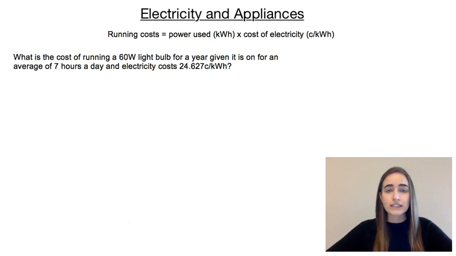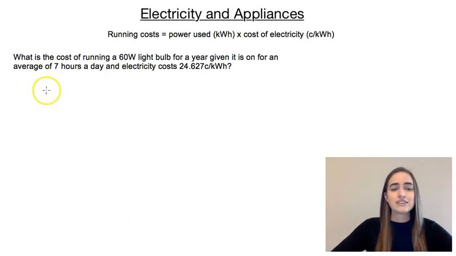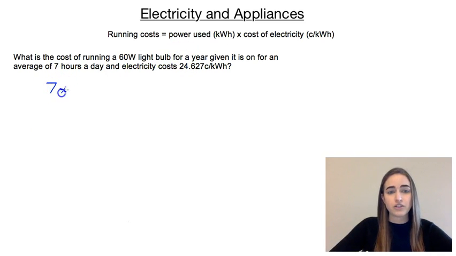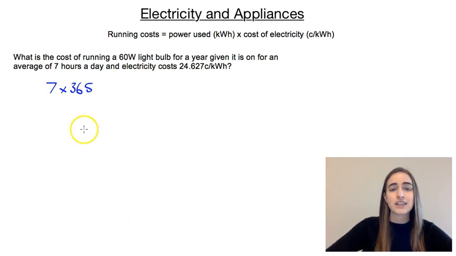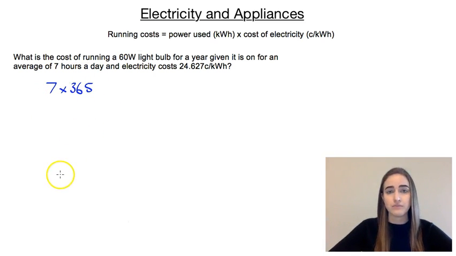Now there's a fair few calculations to do in this, and you can do each of them separately, step by step, or you can do it all in one, as long as you make sure you don't get lost. So let's start off with, we've got an average of 7 hours a day, and we want over a whole year. So 7 hours a day, we're going to go times 365, and that'll tell us how many hours that light bulb is on for the whole year.